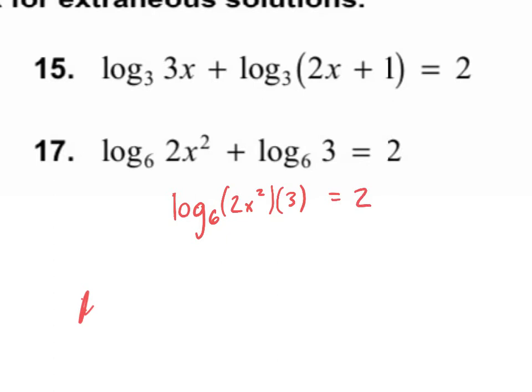What can we do next? Big base 6. So this cancels. What's 2x squared times 3? 6x squared. And then what is 6 squared? 36. How do we solve for x?